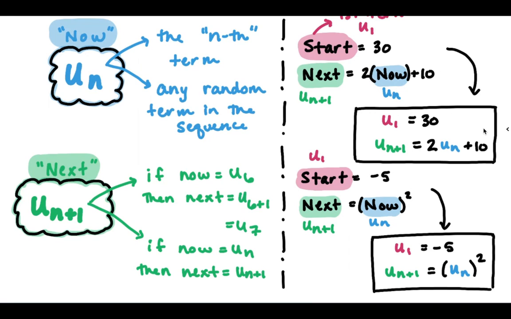So wherever you're at, whatever your random place in the sequence is, you get the next term, the term that's one beyond your random term, so u sub n plus 1, by taking your random term, u sub n, and then squaring it. So wherever you are in the sequence, to get the very next term, you take wherever you are in the sequence and square it.